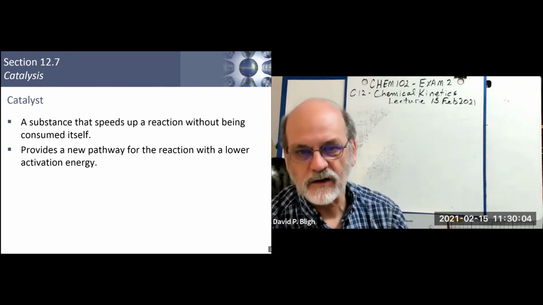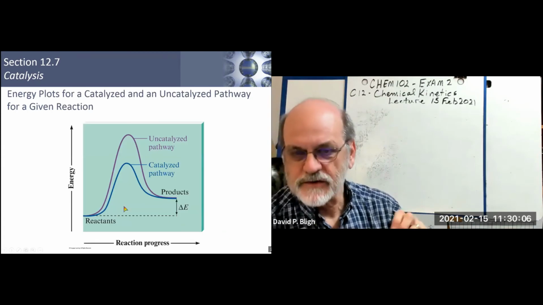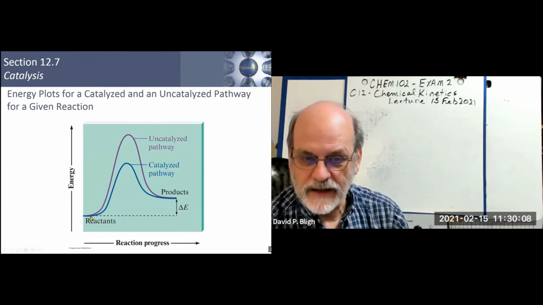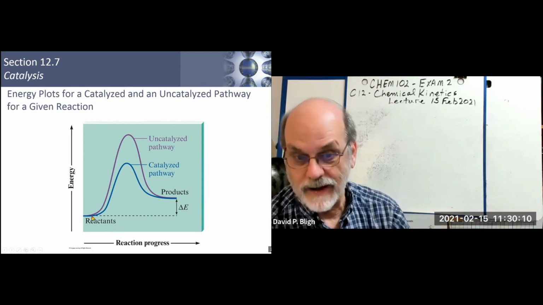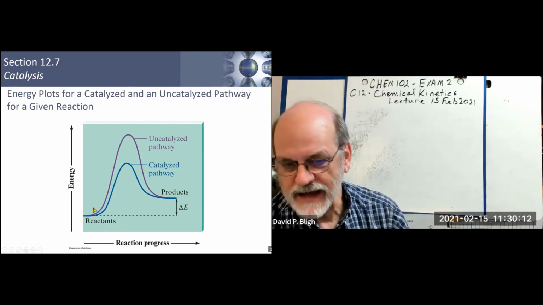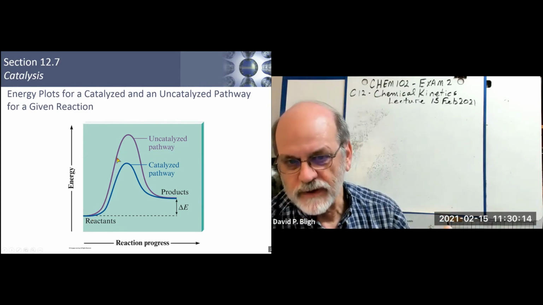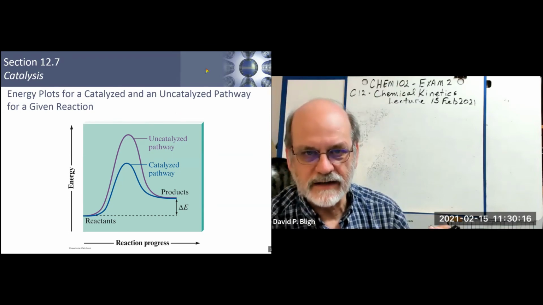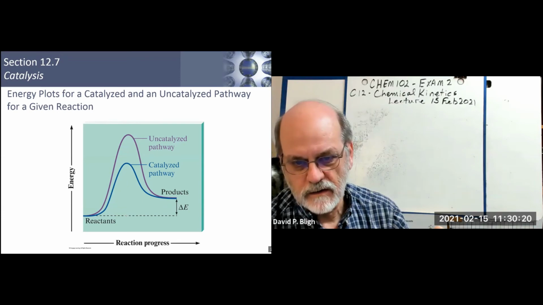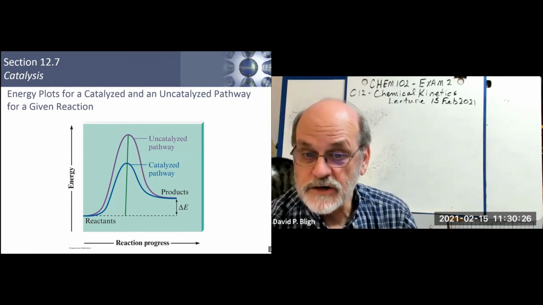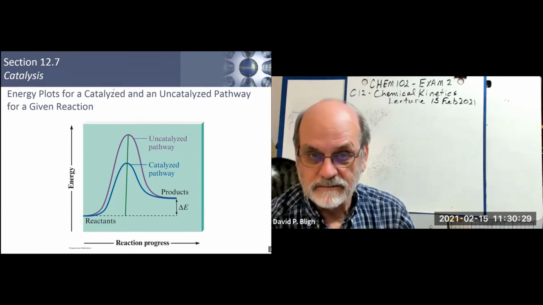Okay, so let's take a look at it. This is what the uncatalyzed reaction would look like on our energy diagram. Take your reactants and you have to add enough energy to go from here to here. Let's annotate that. If you went from here to here, that's your activation energy for the uncatalyzed reaction.